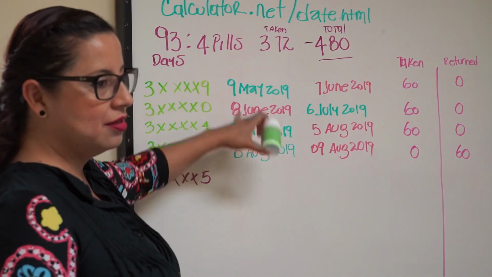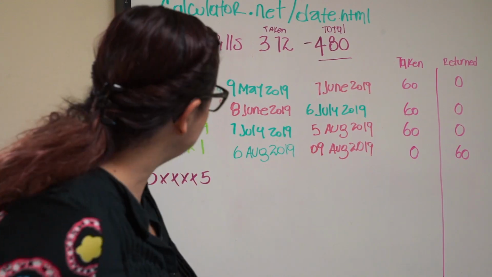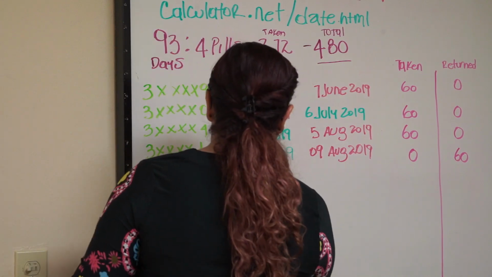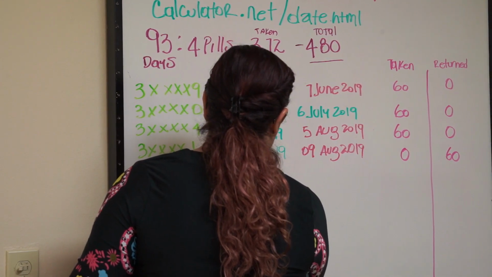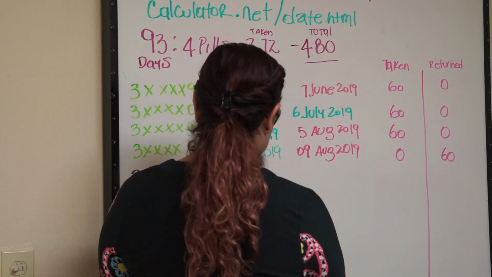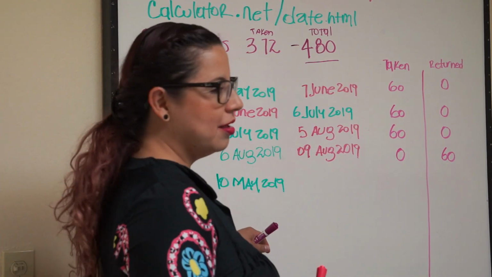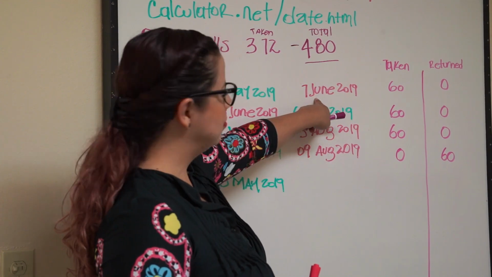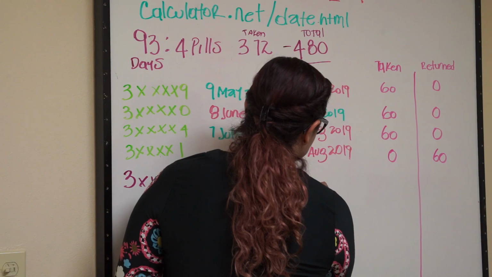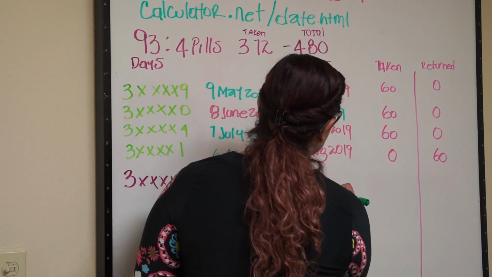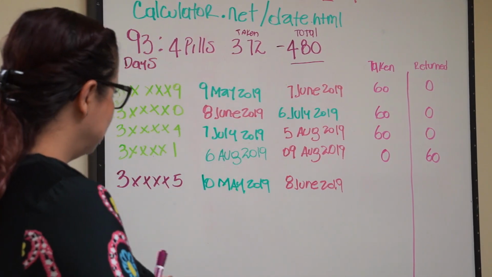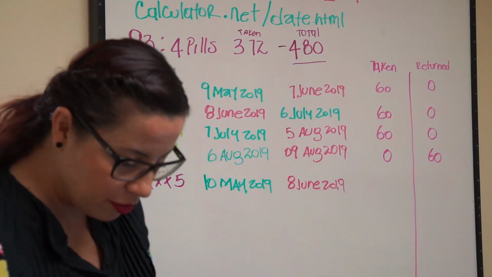So then it will be May 10, 2019. And then this will go to June 8. So at this point, I don't normally use the calculator, but just to make sure, sometimes it's better to do it. Then the following.